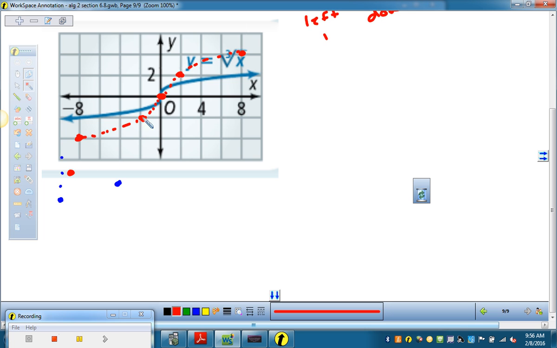Would be there. Left 1, down 4 is there. Left 1, down 4 is there. Left 1, half a box, down 4. And left 1. Thank you, that's better.